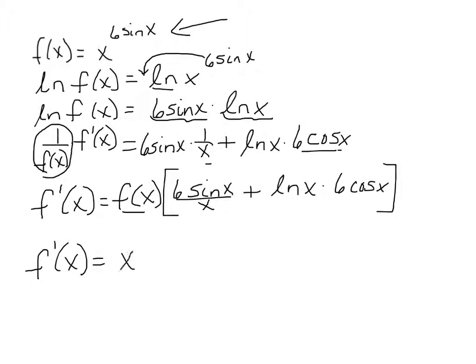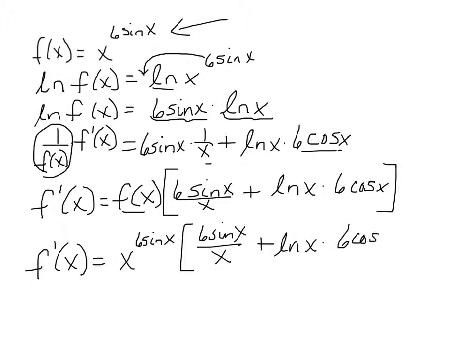So that would be x to the 6 sine x times all of our derivative pieces here. And that would be the answer for the logarithmic differentiation for f of x equals x to the 6 sine x. Let's go ahead and do one more example.